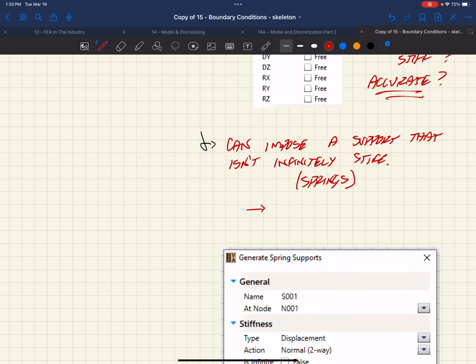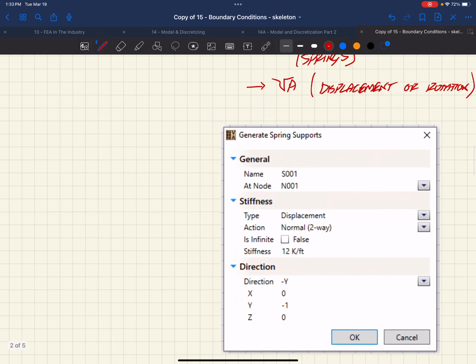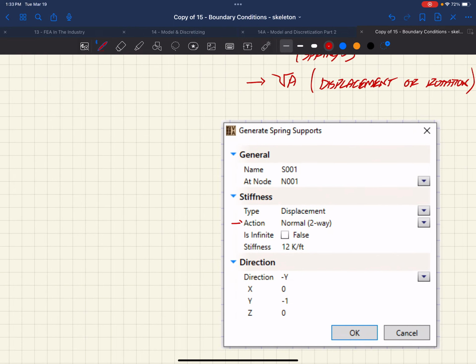And VA allows us to do displacement-based or rotation-based springs.